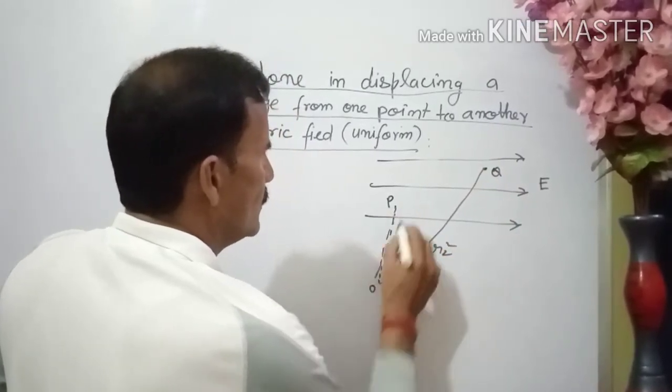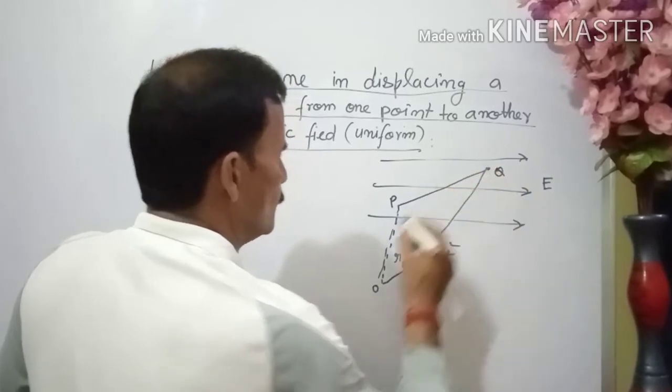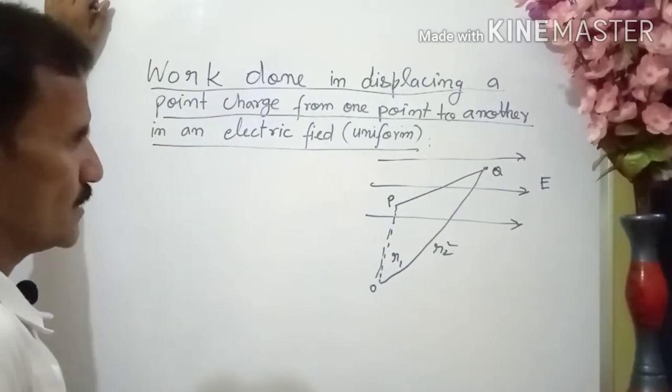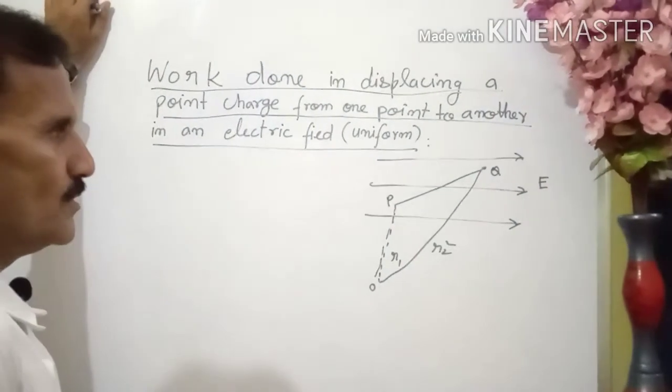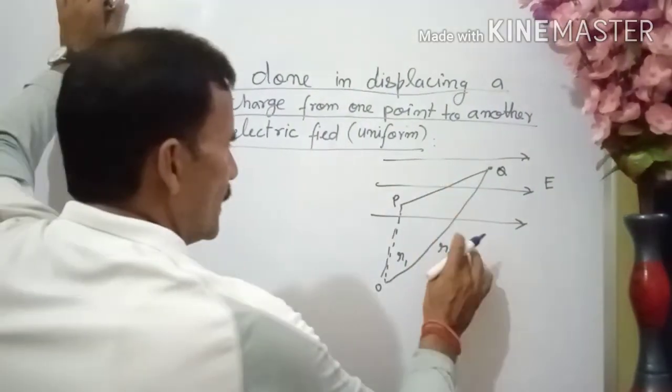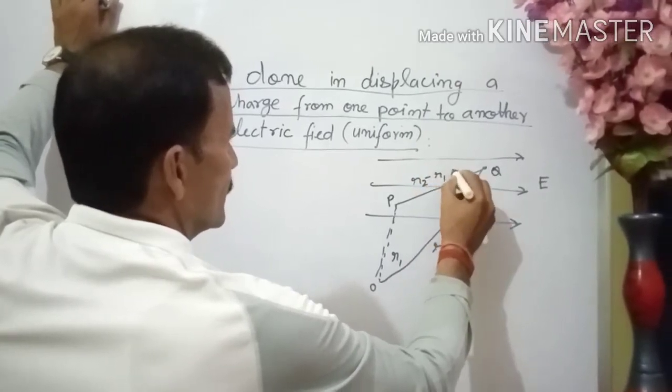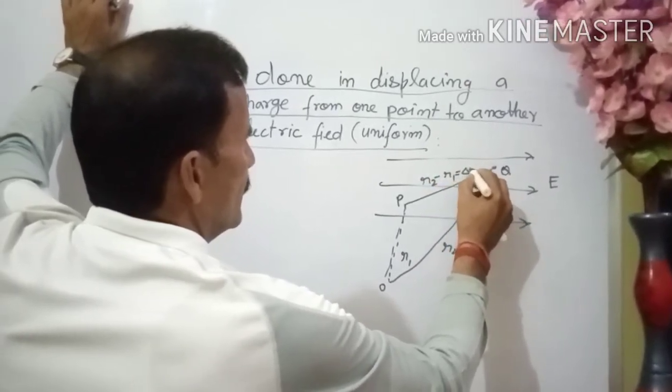Okay. So what will be PQ? PQ is nothing but, suppose we take R2 minus R1, and that is nothing but delta R.